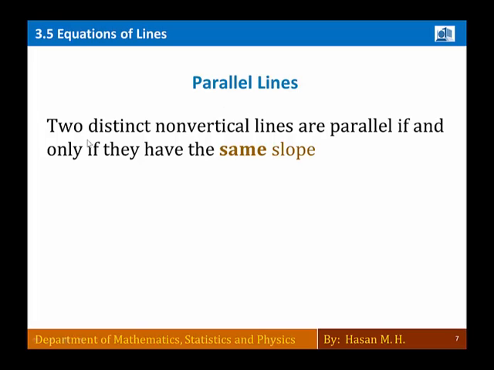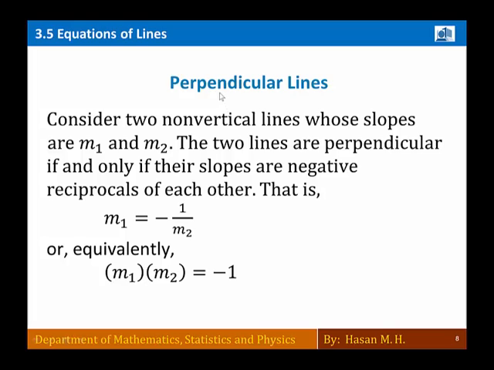Parallel lines. Two distinct non-vertical lines are parallel if and only if they have the same slope. Perpendicular lines. Consider two non-vertical lines whose slopes are m1 and m2.